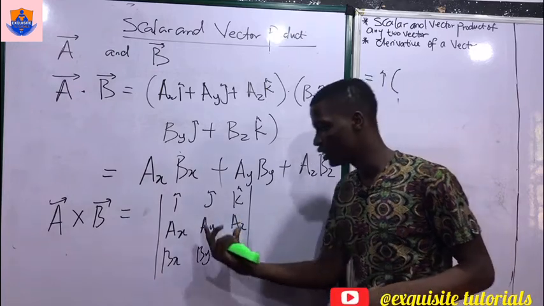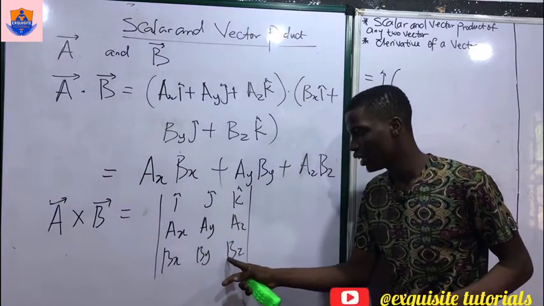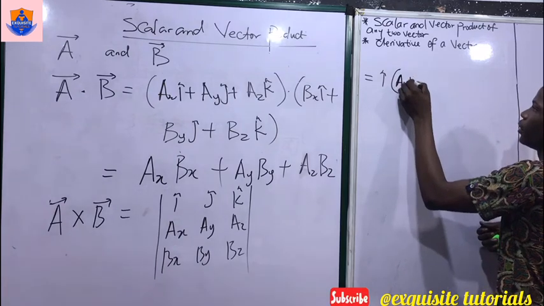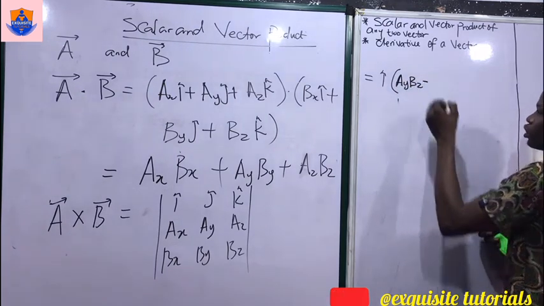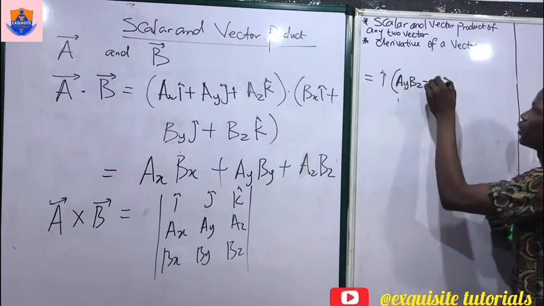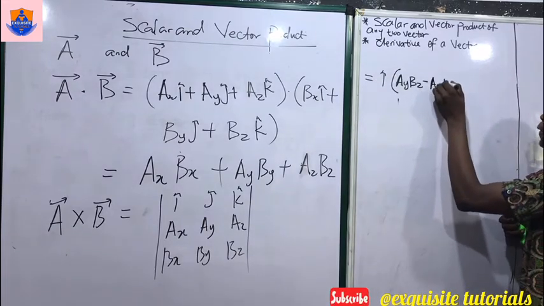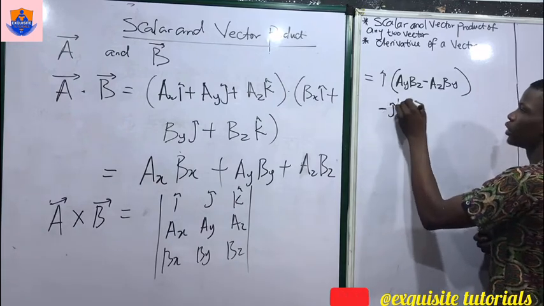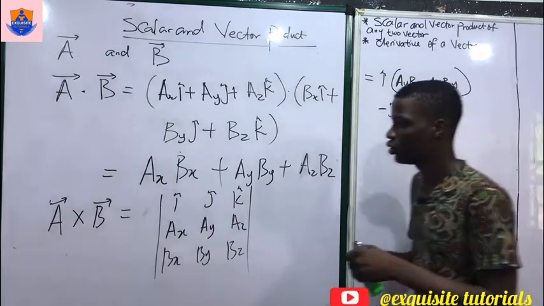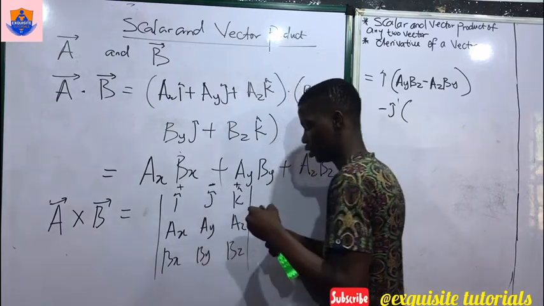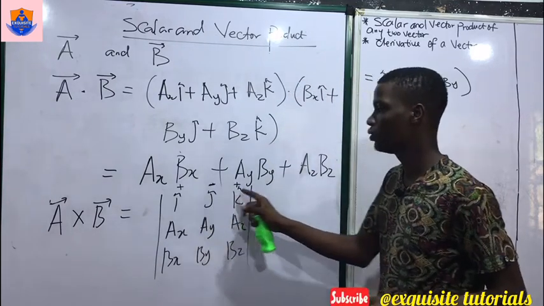Then we have to find the determinant of this, which will be my A y times my B z, A y B z, minus A z B y. Take note, the cofactors for these vectors are positive, negative, positive.